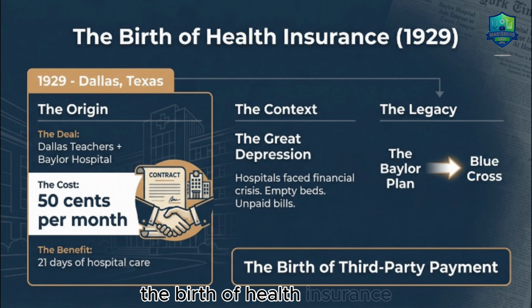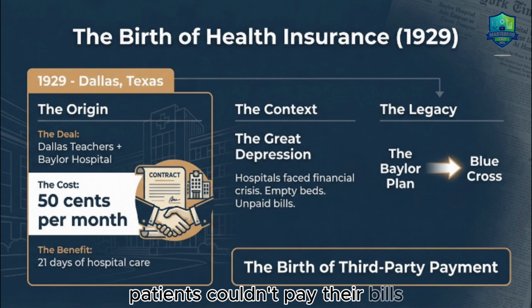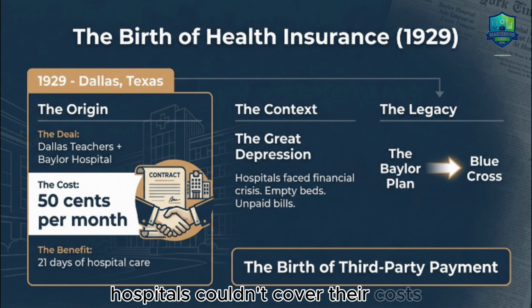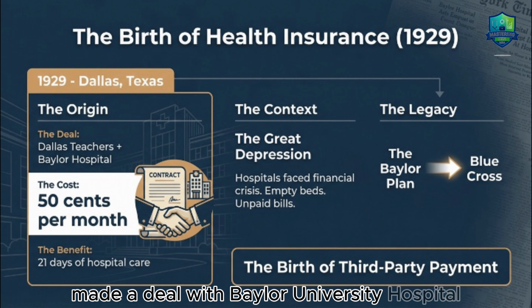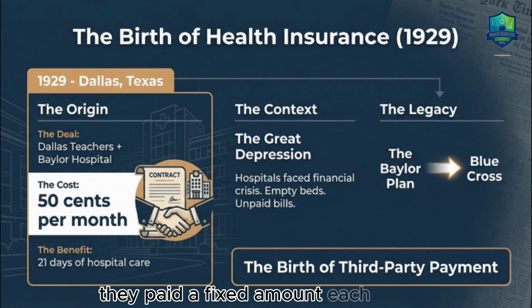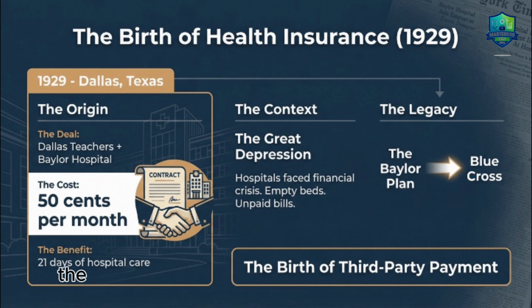The birth of health insurance. During the Great Depression, hospitals faced a crisis. Patients couldn't pay their bills. Hospitals couldn't cover their costs. In 1929, a group of Dallas teachers made a deal with Baylor University Hospital. They paid a fixed amount each month, and in return, the hospital guaranteed them up to 21 days of care per year if they needed it.